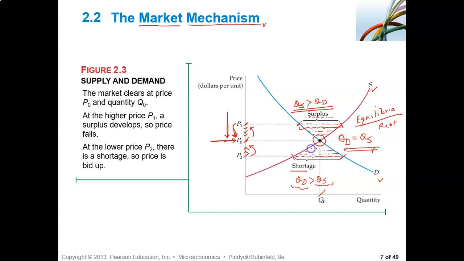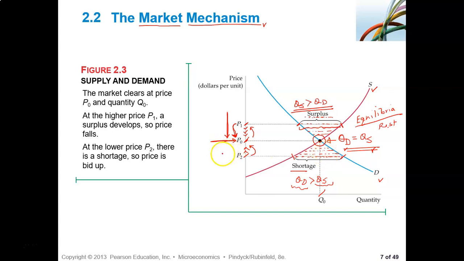The shortage shrinks, and as price goes from P2 to P0, we return to the equilibrium again, to that intersection. Okay, so that we have.